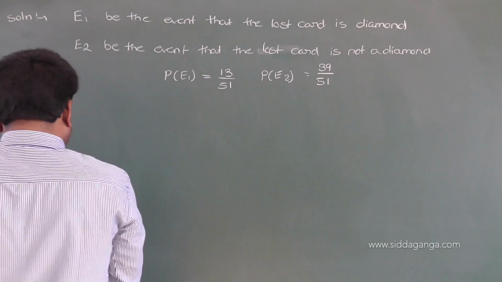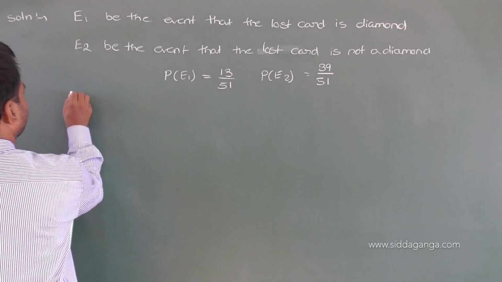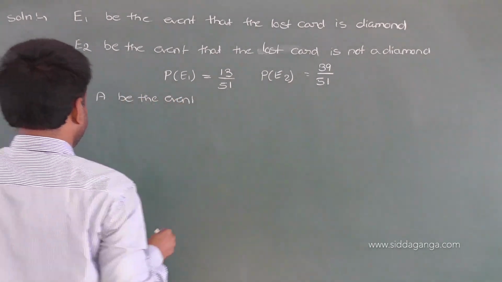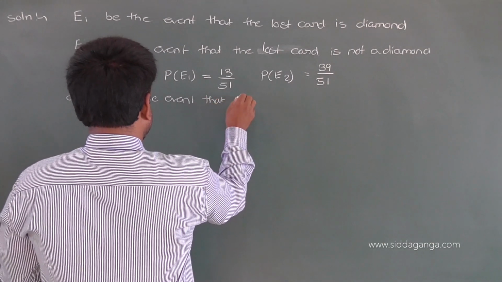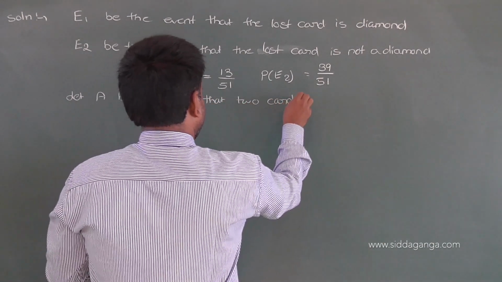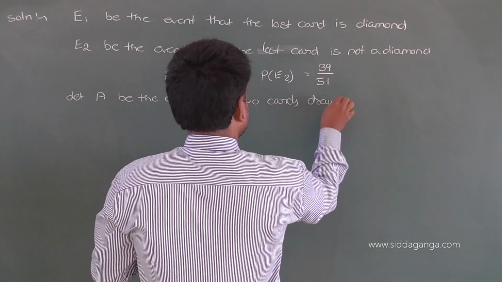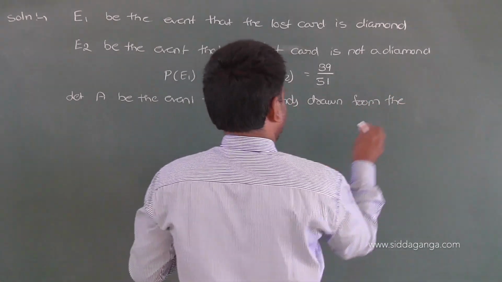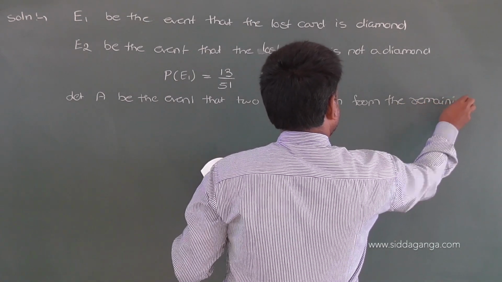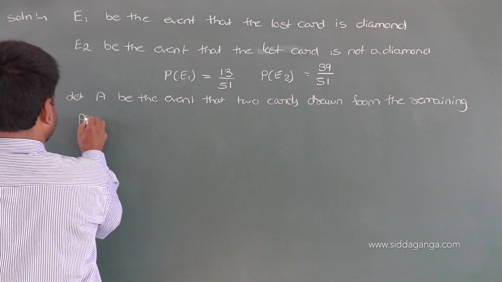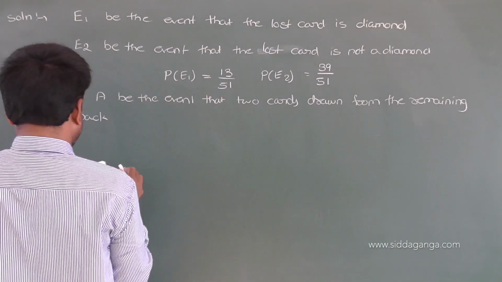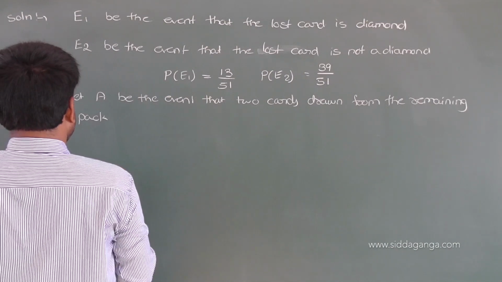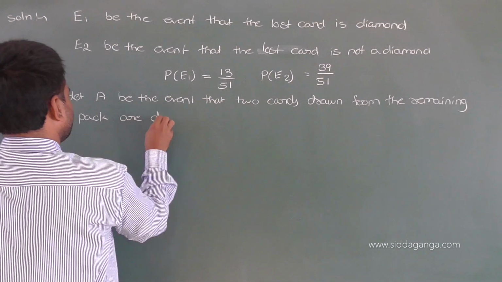Okay. Next, we define an event A. Let A be the event that two cards drawn from the remaining pack are diamond.